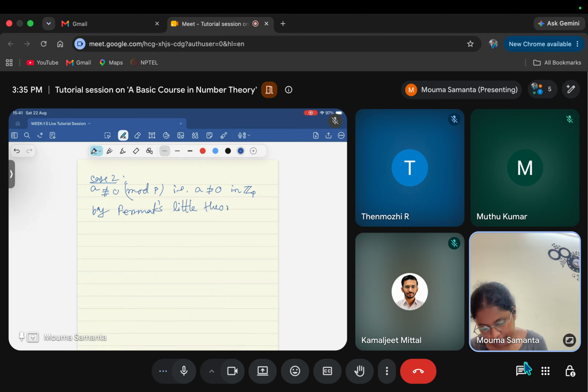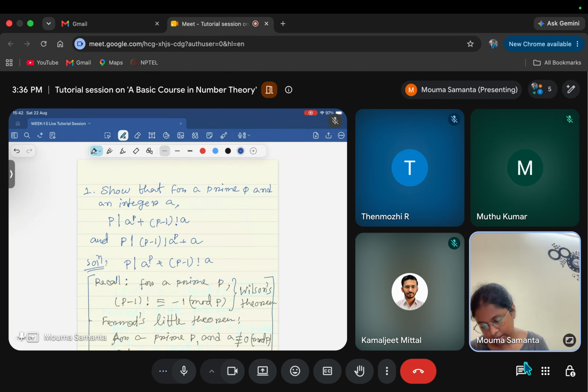Multiply both sides by a, then you get a power p congruent to a mod p.